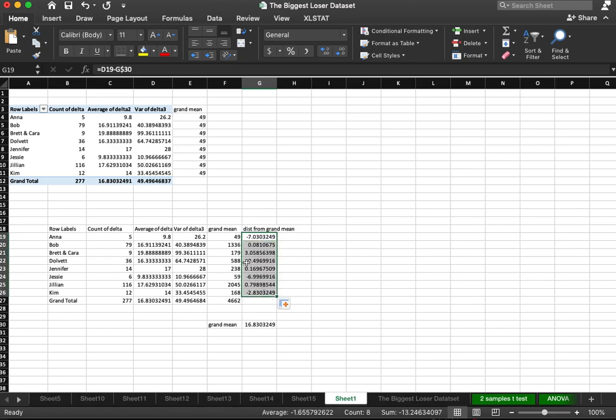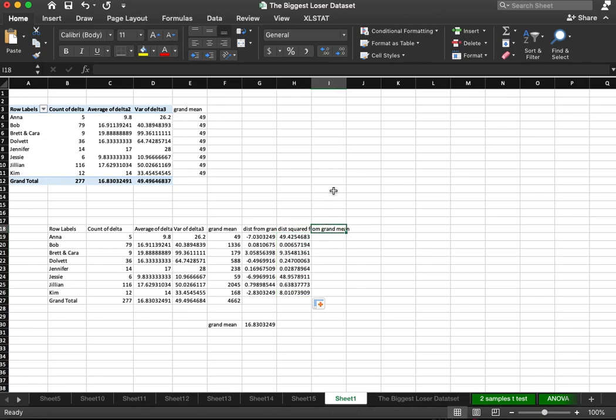So this is the difference each one of them has from the grand mean. And now I'm going to do the distance squared from the grand mean. So that's just their distance value, caret 2. And what that does is get rid of our negative values. Awesome.